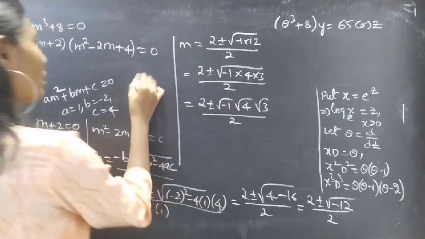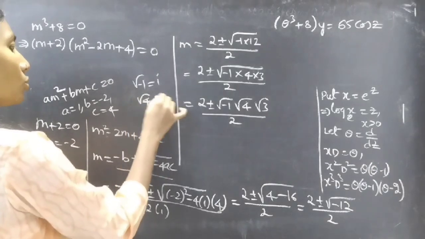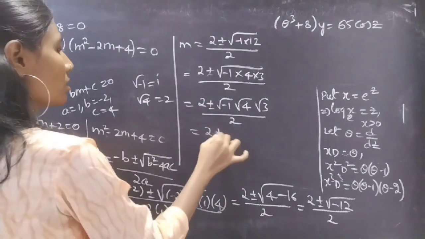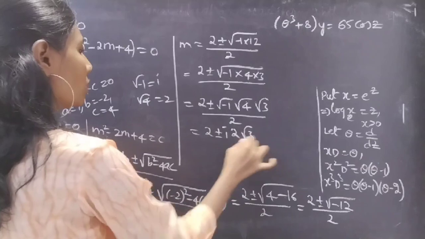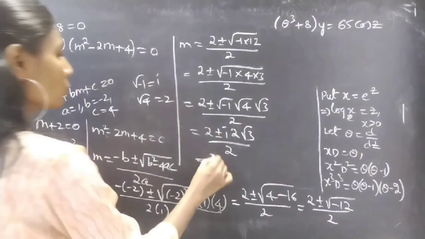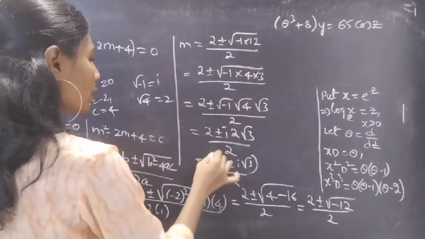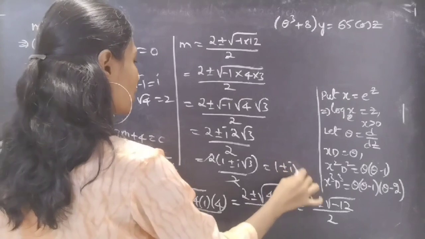We know that the square root of minus 1 is i and the square root of 4 is 2. So we can write it as (2 ± i·2·√3) / 2. Now take 2 common from the terms of the numerator. We'll get 2(1 ± i√3) / 2. Here 2 gets cancelled and we'll get 1 ± i√3.